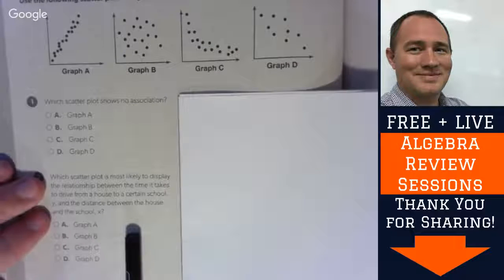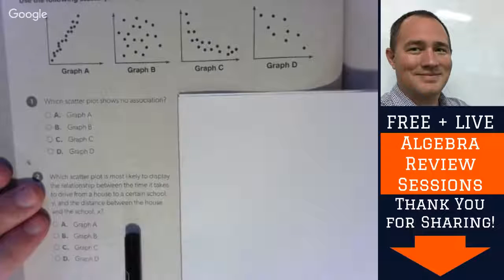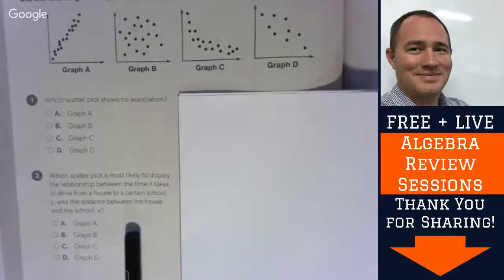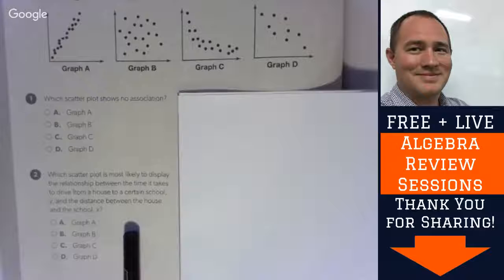So let's read this again for understanding. Which scatter plot is most likely to display the relationship between the time it takes to drive from a house to a certain school, Y, and the distance between the house and the school, X?